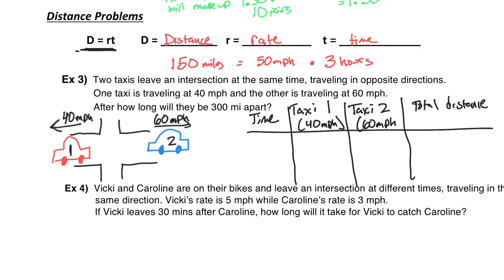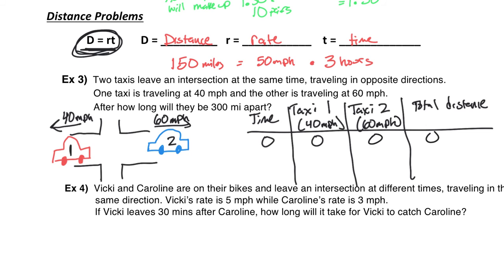We know that the distance is rate times time. So if we start with 0 hours, 0 hours times 40 miles per hour is a distance of 0 miles. 0 hours times 60 miles per hour is a distance of 0 miles, for a total distance of 0.